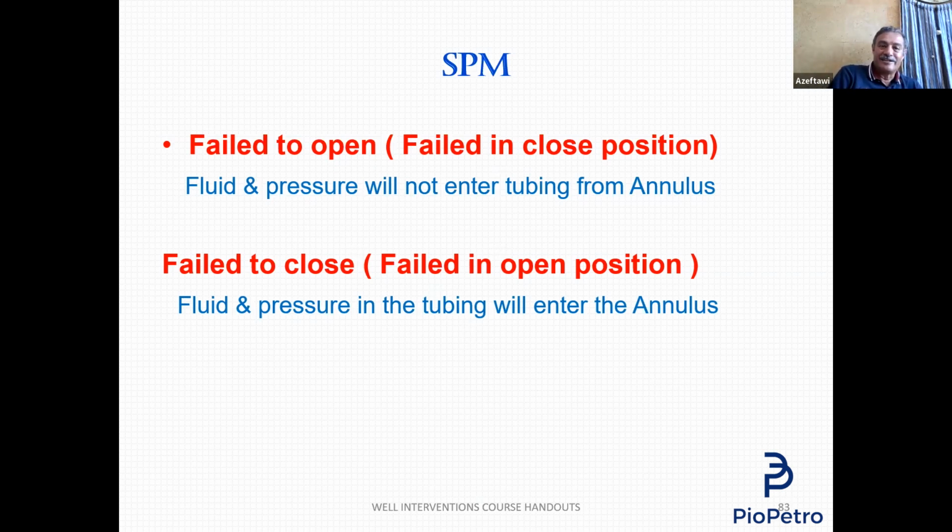That's why in high deviated wells, sometimes we use coil tubing for this jarring up and jarring down, because wireline will not help you in that. So this is a good question. Thank you for asking this question. So we use coil tubing in this case.